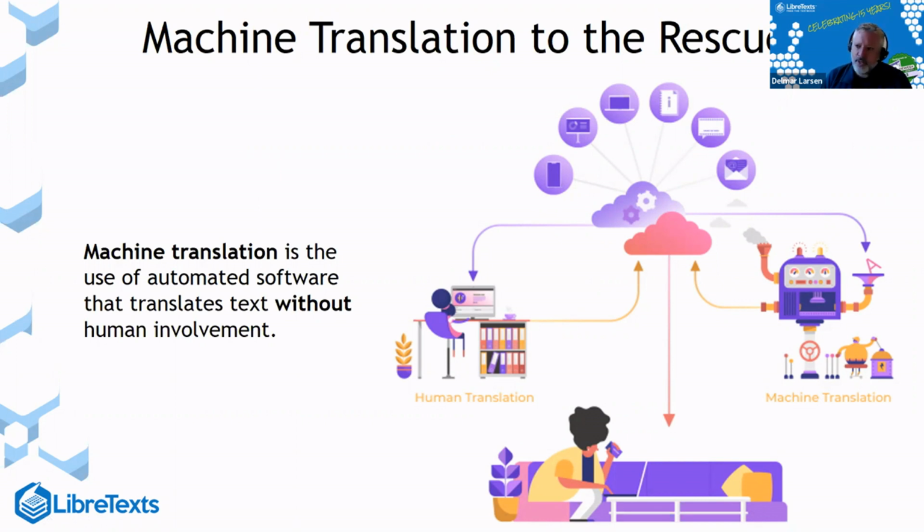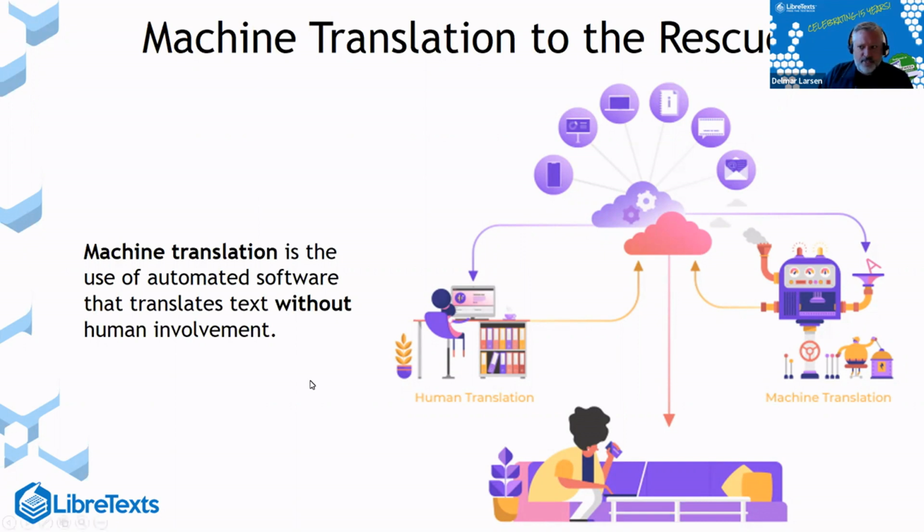However, in the last few years, as many of us in academia have noticed, especially in the last few months, there are significant advancements in AI, artificial intelligence. One of the manifestations of artificial intelligence is machine translation: the ability to take content in one language and convert it to another using a machine.